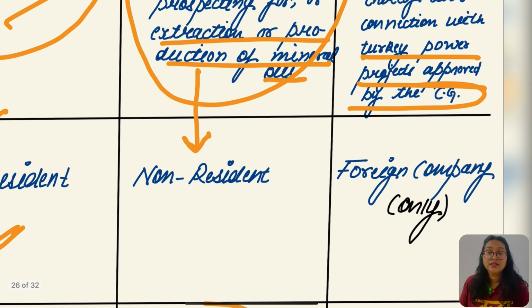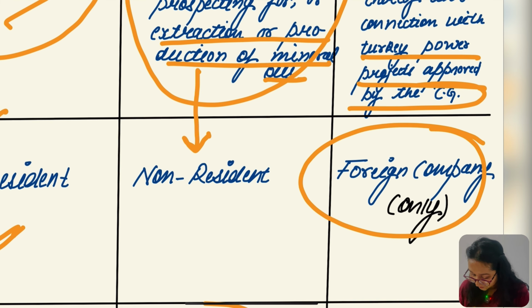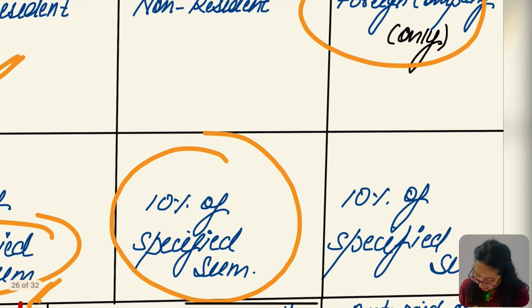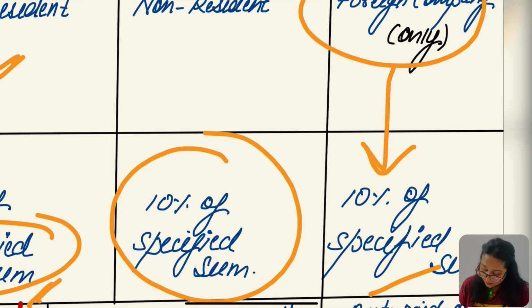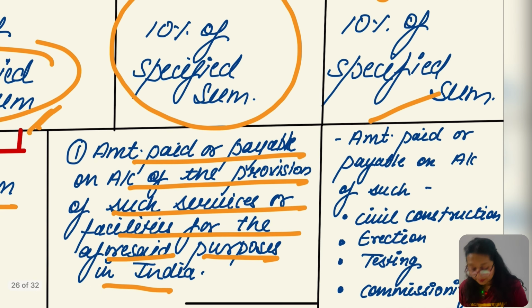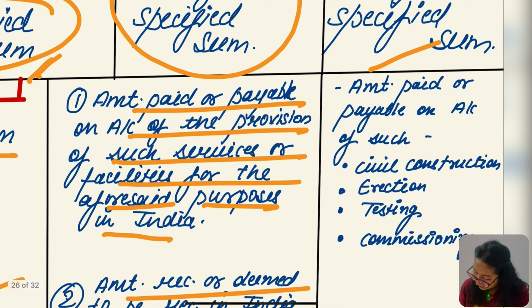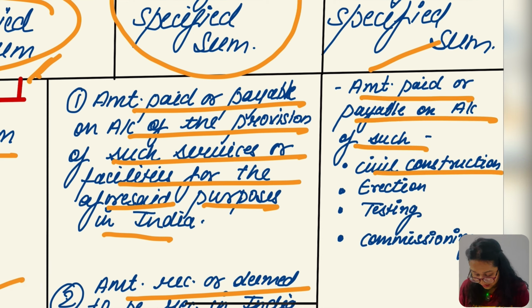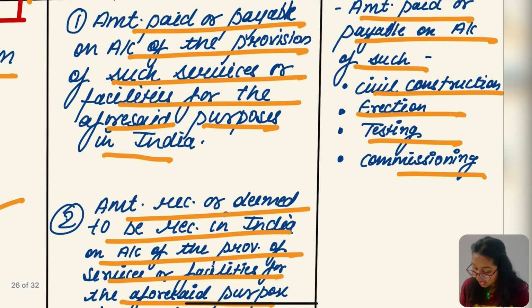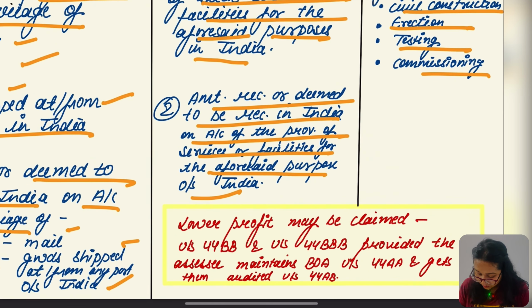In this case this is only for a foreign company. The other three were for the non-resident. This benefit can be availed only by a foreign company. In this case also 10% of the specified sum would be the limit. Let's check what the specified sum is: the amount paid or payable on account of such civil construction, erection, testing, commissioning. Hope this point was clear to you.